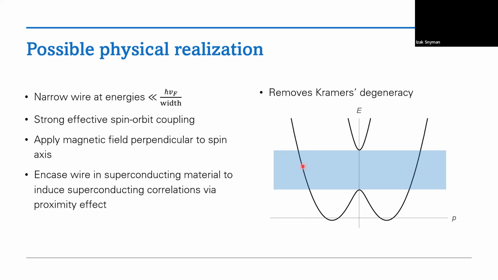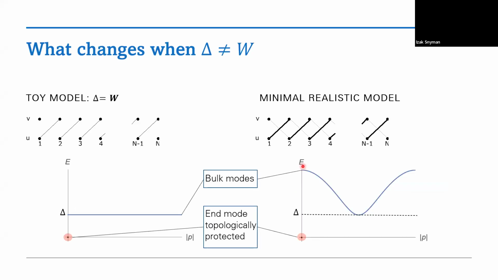And then what you do is you encase the wire in an intrinsic superconductor, and through the proximity effect, you induce the superconductor pairing in the wire, the other ingredient in the model that I showed.